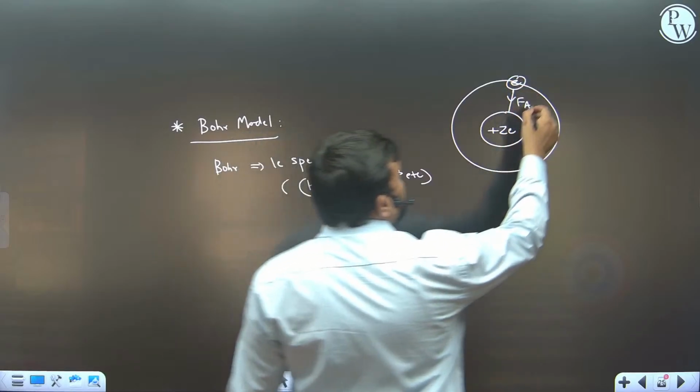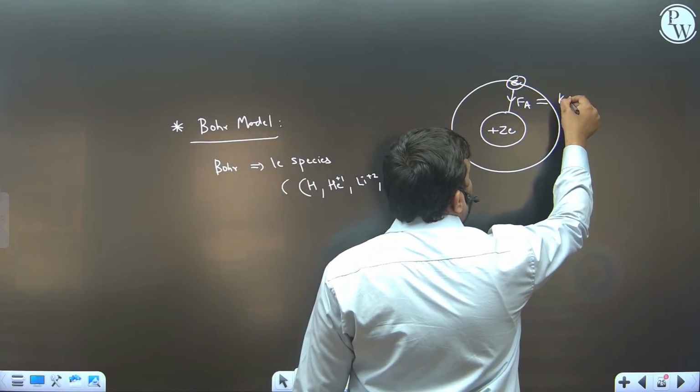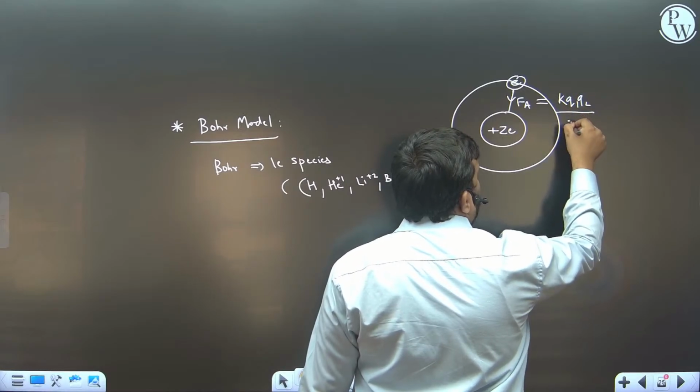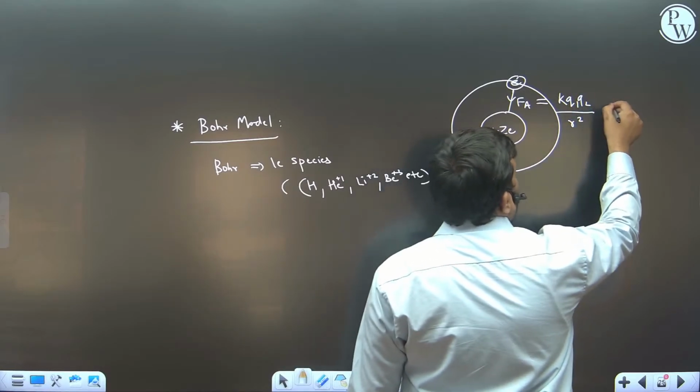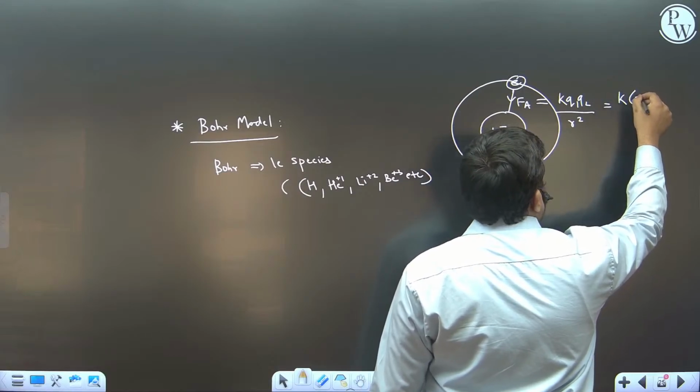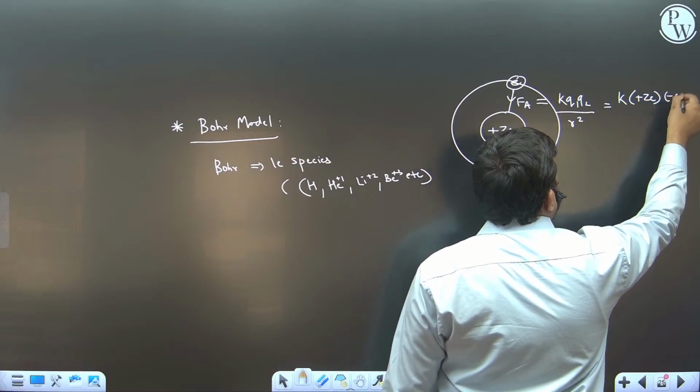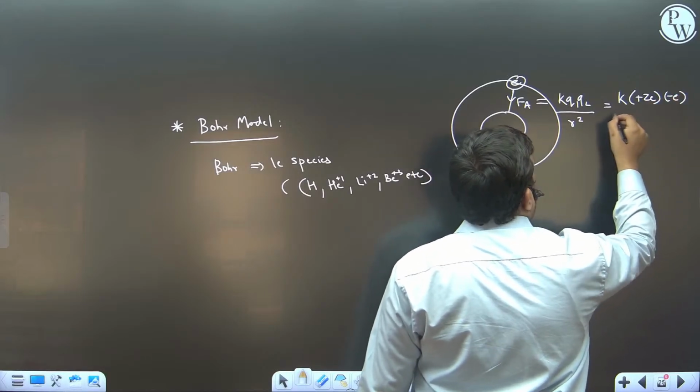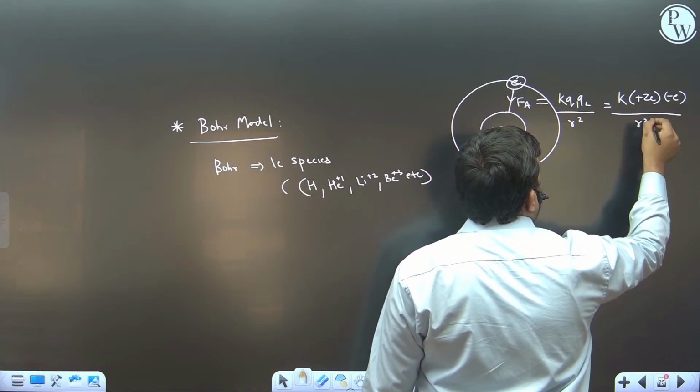The force of attraction is the centripetal force, K Q1 Q2 upon R square, where Q1 is plus Ze and Q2 is minus e, upon radius R square.